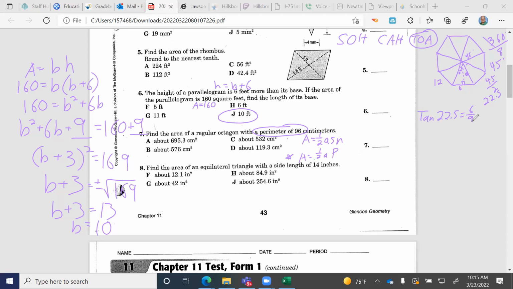Tangent of 22.5, remember, that is an actual ratio. There's a number there. So if you do 22.5, find tangent, you can find that number. That's 0.414, and you should always keep extra decimals before getting to the end of the problem. So 0.4142.